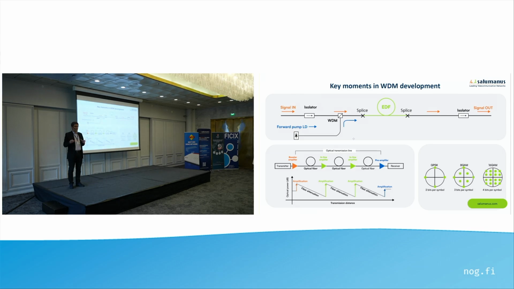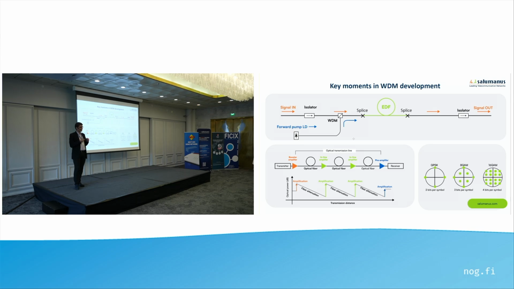The coherent revolution started at the beginning of our century, but the first deployments required a lot of computing power, and a lot of computing power required big devices. This was the reason why we had to use transponders and muxponders. But today, we are able to put this computing power inside the transceiver using 5 nanometer, 3 nanometer, or 7 nanometer lithography.